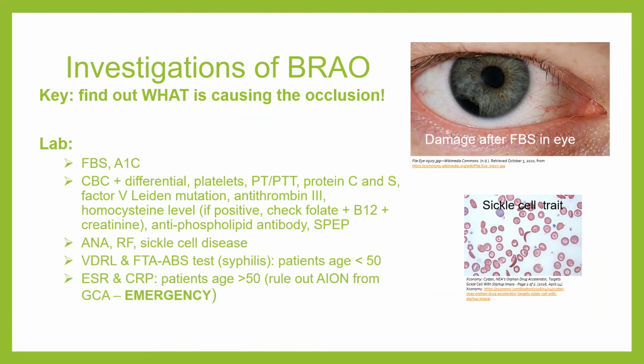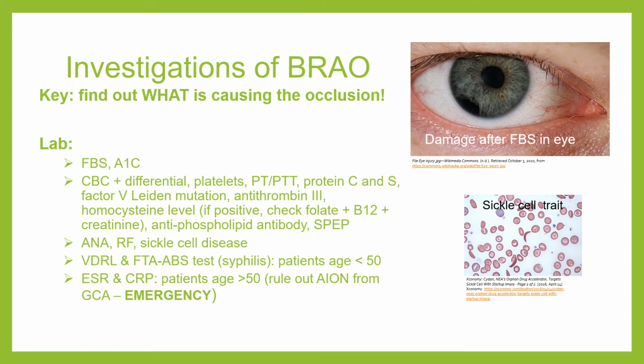There are a lot of investigations that can be done for BRAO to find the underlying cause behind the occlusion. In terms of labs, we can check the FBS and the A1C to rule out diabetes, CBC and differential, platelets, and the PT-PTT, protein C and S, factor V Leiden mutation, and antithrombin III to rule out coagulopathy, and the SPEP is for multiple myeloma.